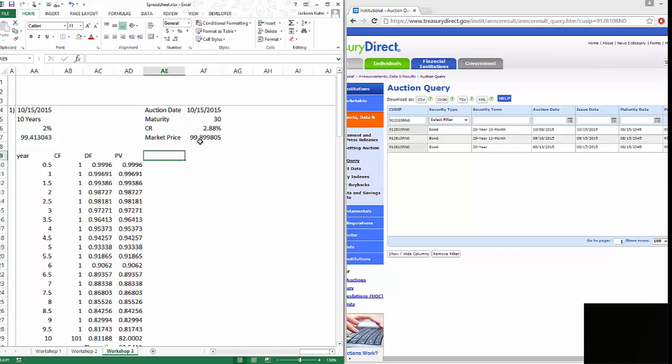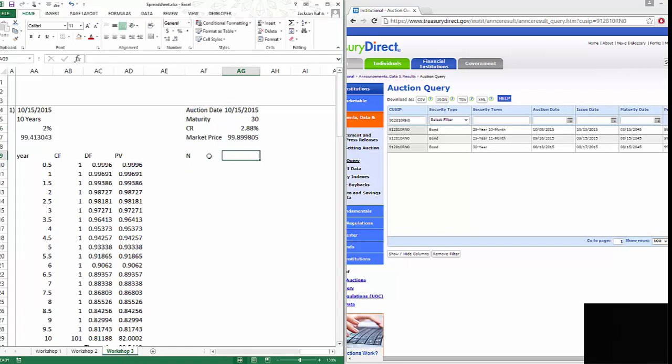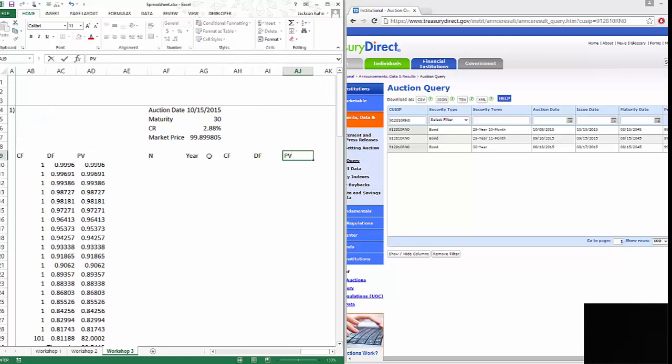So we're just going to do that same process, and I'm going to actually move this over a little bit. So we'll have N, we'll have year, we'll have cash flow, our discount factor, and our present value.